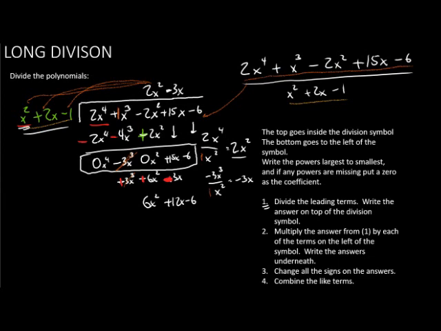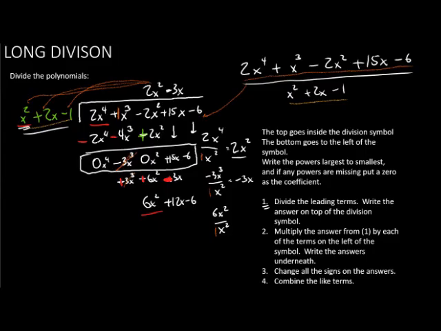Once again, let's divide the leading terms going back to step 1. Our new leading term is 6x squared. We'll take that over the leading term to the left of our division symbol, that is still just x squared. We'll write the invisible 1 in, and we'll divide.